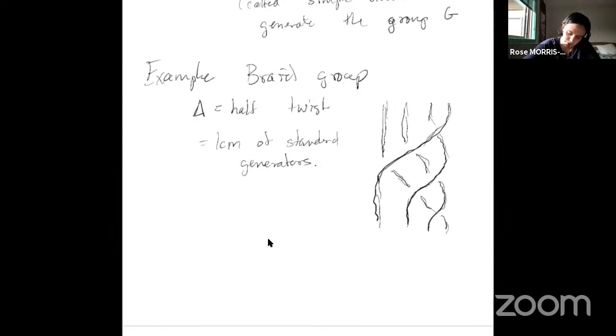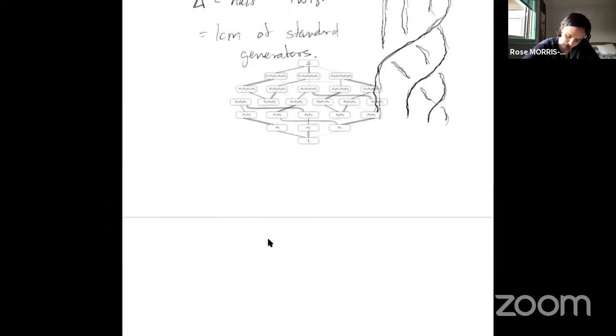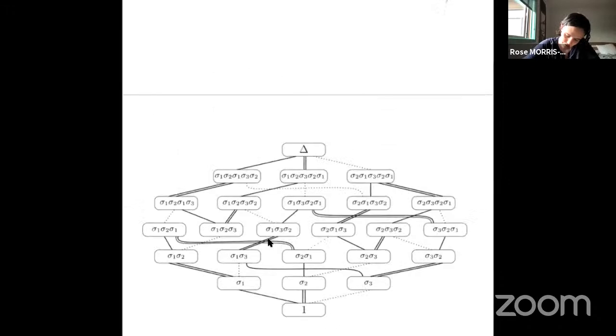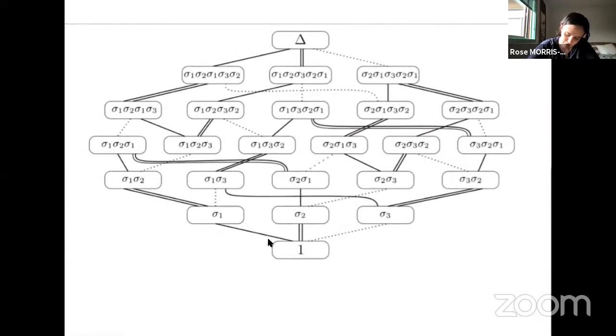I think I saved a picture of this for you. Hold on. Here, let's make this picture bigger. This is a picture of part of my lattice of monoid elements. Here's my identity.